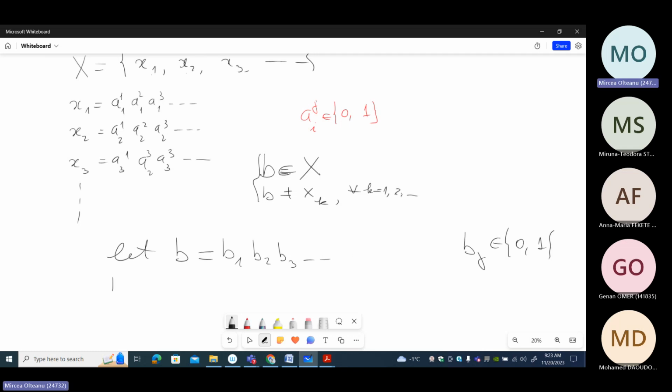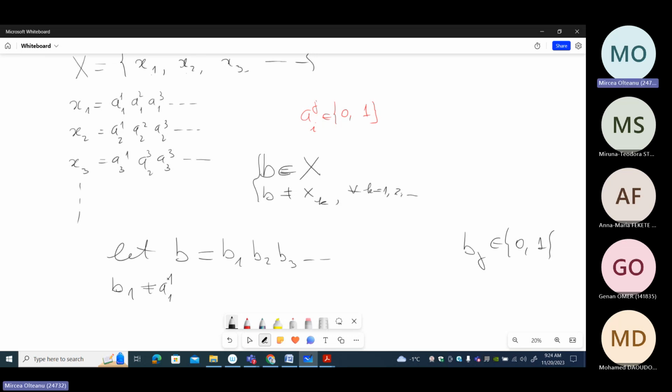How to choose B1? And here you have Cantor's diagonal argument. B1, we take it to be different from A11. Now the question, is it possible? Yes, it is, because A11 can be 0 or 1. If it is 0, we take B1 to be 1.